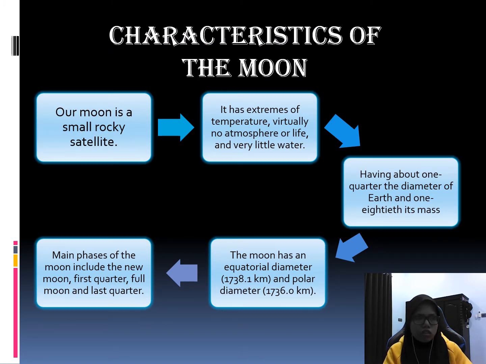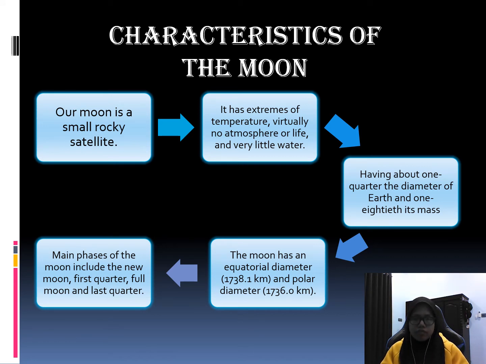So next, the characteristics of the moon. Basically, our moon is a small rocky satellite, and it has extremes of temperature, virtually no atmosphere or life, and very little water. The moon also has about 1/4 the diameter of Earth and 1/18 its mass.